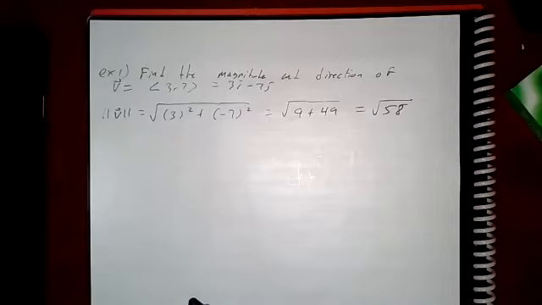So 58 divided by 4, does that go in evenly? No. 58 divided by 9? No. 58 divided by 16? No. Looks like it's not going to happen. So yeah, I think that's fine. Let's just stop there. So that's the magnitude.